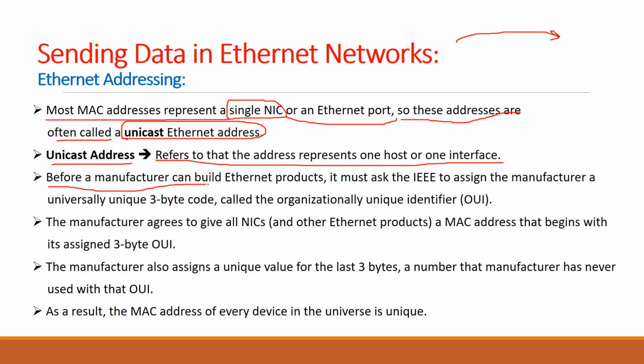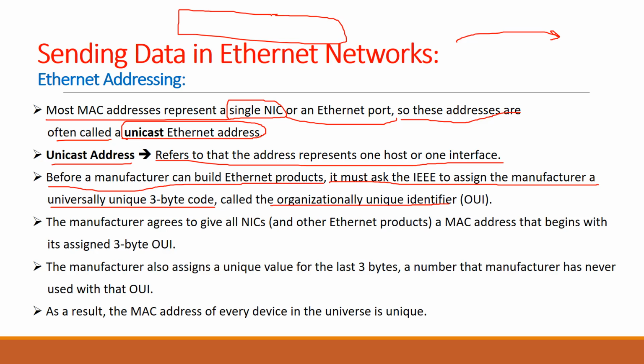Before a manufacturer can build Ethernet products, it must ask the IEEE to assign the manufacturer a universally unique 3-byte code. This code is called the organizationally unique identifier. As we mentioned in the previous slide, the MAC address consists of 6 bytes.